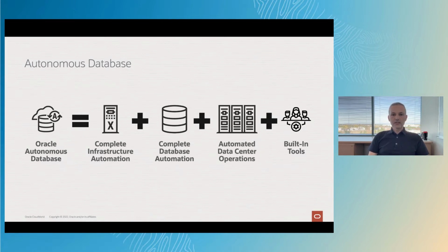You not only get a database when you use Autonomous Database, you also get built-in tools, which are web-based applications that make it easier for you to do data management on your database.